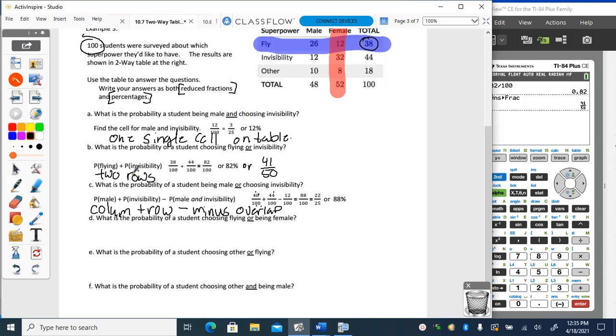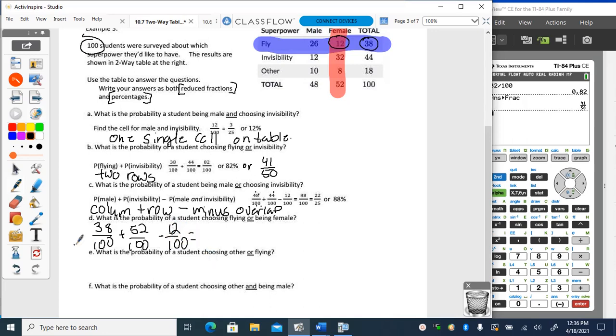That's 38 over 100, because 38 students chose to fly. And what's the probability of being female? Well, that's 52 over 100. And then what's the overlap? Well, that would be 12 over 100. So minus 12 over 100.